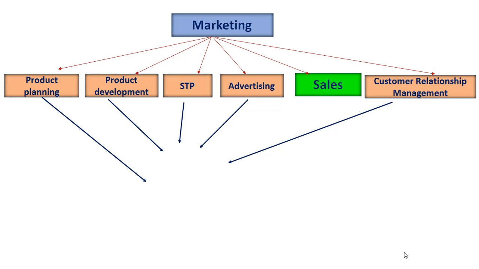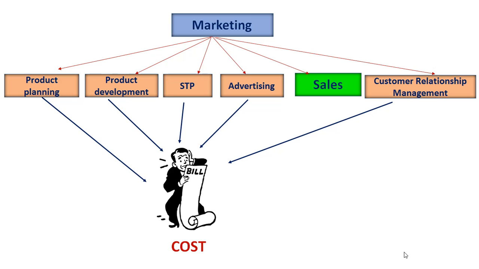But these are the general components which every sales and marketing organization has to carry. Product planning, product development, STP, advertising and customer relationship management all involve some costs.